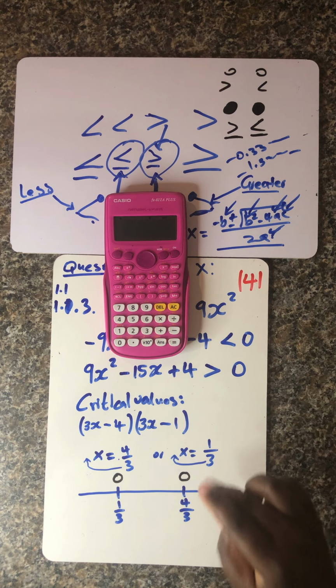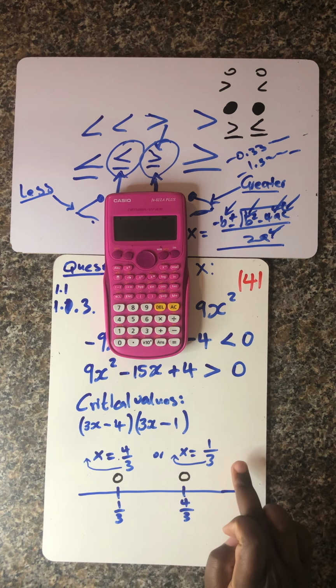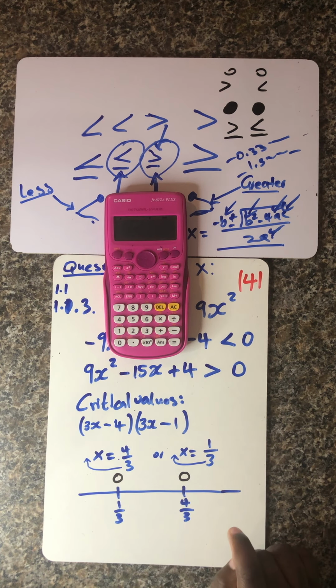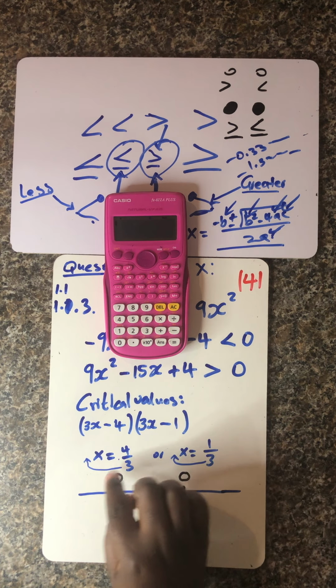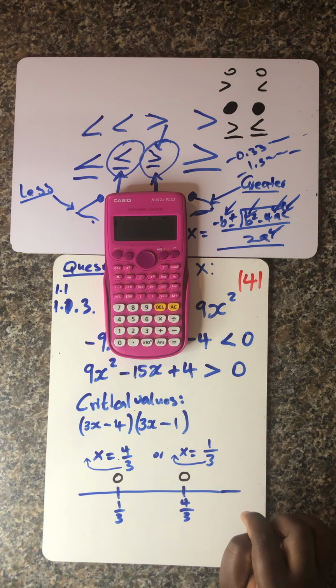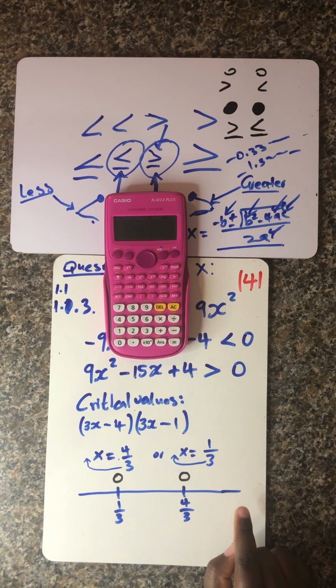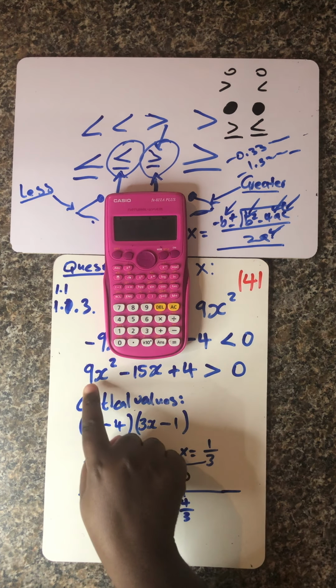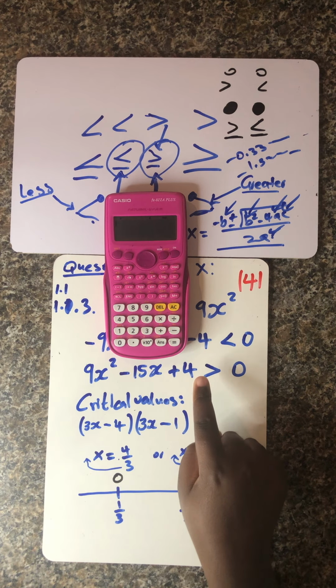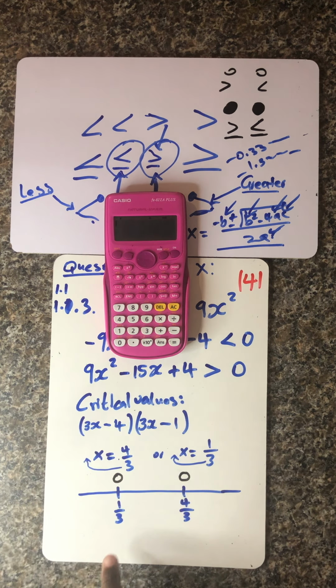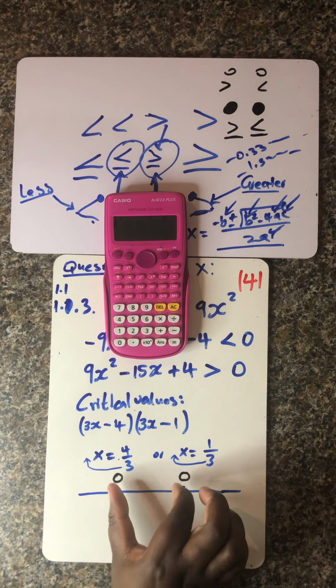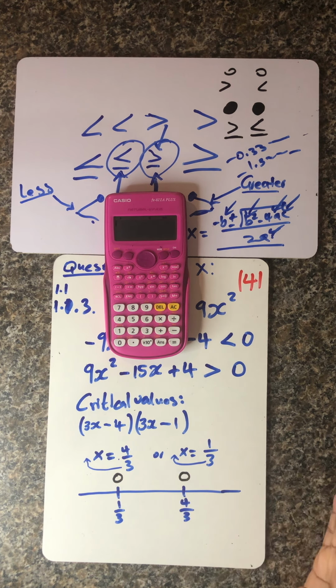Guys, as soon as you've done the critical values, just draw your number line and represent them by those unshaded circles. Then, as soon as you're done with this part, substitute into this equation values on this side of the first critical value, in between, and on this side of the critical value.